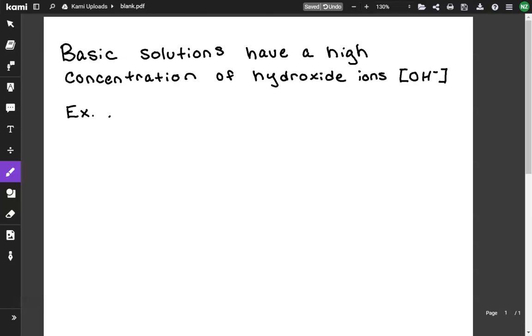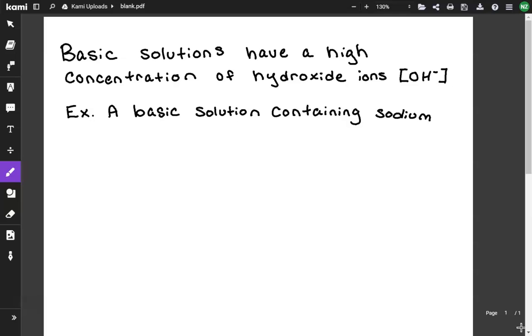We have a basic solution containing sodium sulfite, and we're going to mix that with potassium permanganate.